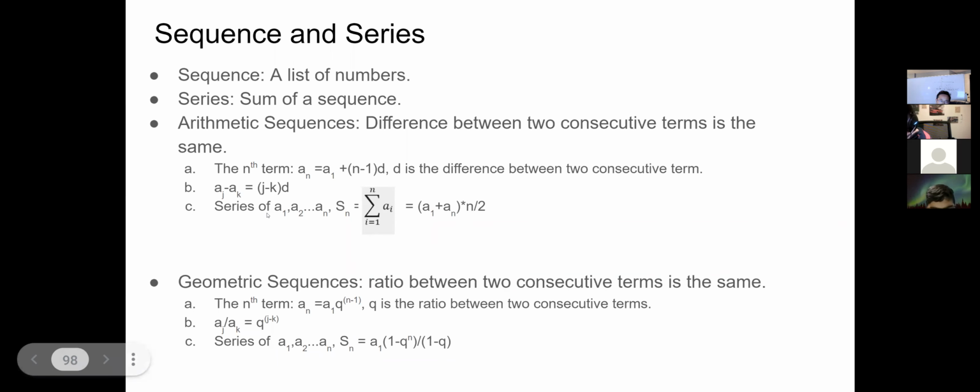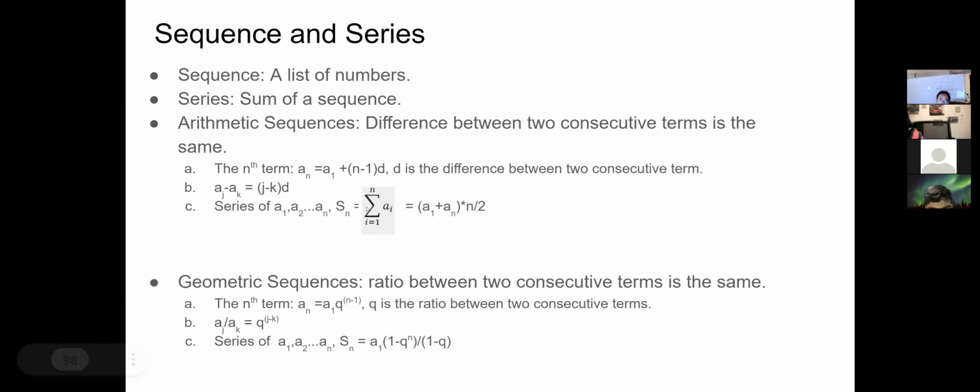The third one is the series, or the sum of the n terms: the first plus the last, times the number of terms, divided by 2. Try to be familiar with this sign here. Sigma means summation, and it has a lot of usage.